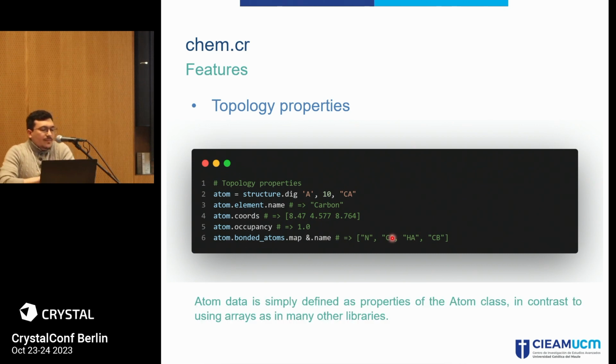The atom data is simply defined as properties of the atom class. So it's a class and all the properties are really well defined. In most of the other libraries, you get an array, and you need to iterate over the array to get the property that you want, and this is also not safe.